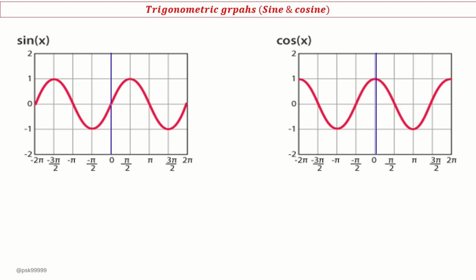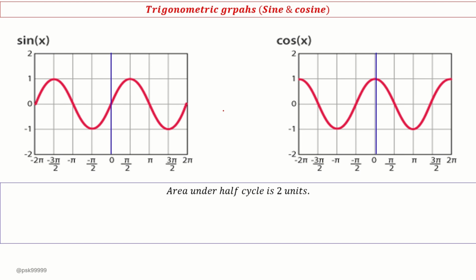At 0, sine is 0 and cos is 1, so they are basically complementary. Where sine is 0, cos is 1, and at pi by 2, cos is 0. This is the major difference between sine and cos theta. Otherwise they are the same. The range is between -1 to 1, and they are cyclical.